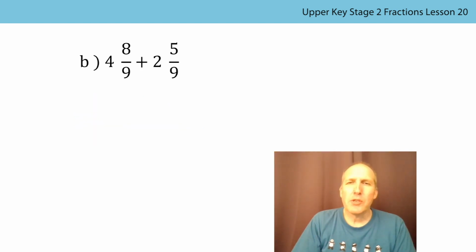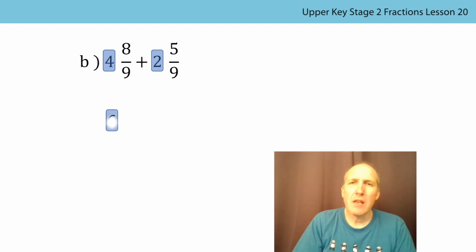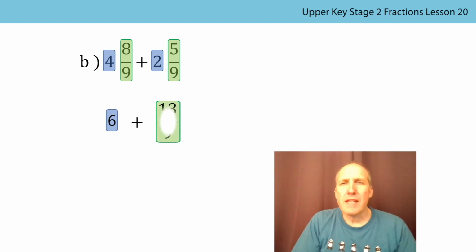Let's look at question B. Again, we can partition. Did you add the whole numbers? 4 plus 2 is equal to 6. And then add the fractions. 8/9 plus 5/9 is equal to 13/9. We'll need to sort out that improper fraction again, won't we?